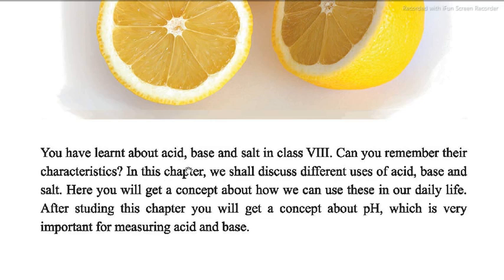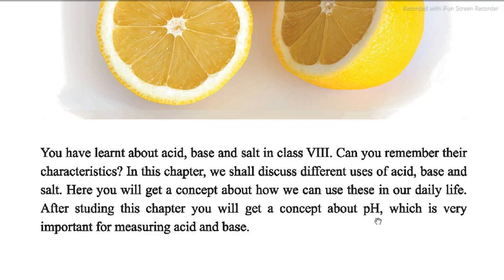It has been said here that in class 8, you got the basic idea about acid, base, and salt, and you will know the details in this book. Here you will get a concept about how we can use this in our daily life. After studying the chapter, you will get a concept about pH, which is very important for measuring acid and base.